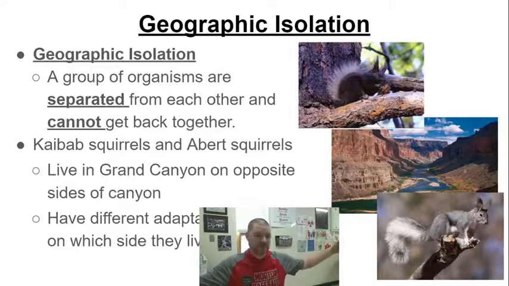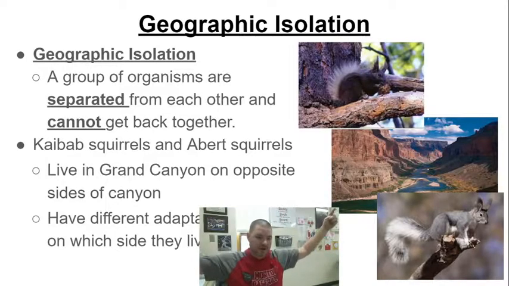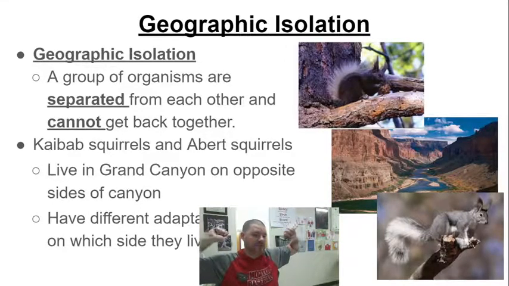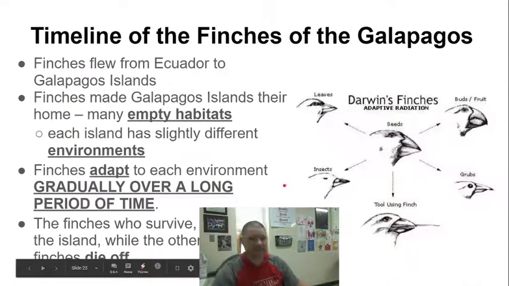But because they cannot get across the canyon very easily, they've adapted to being what is known as the Kaibab squirrels on one side and the Abert squirrels on the other, where they are two different squirrels now, instead of being all one and the same, because they can't intermingle anymore because of that.